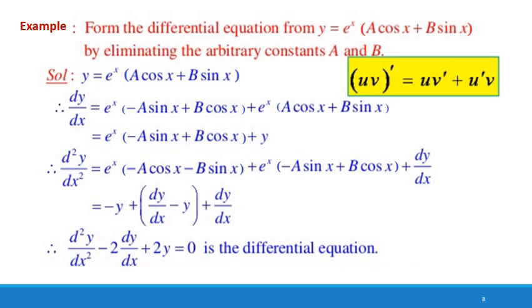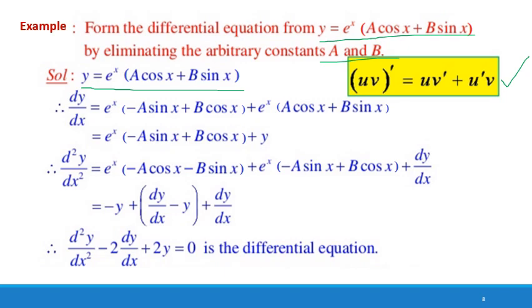In this example, we will form the differential equation from this equation by eliminating the arbitrary constants a and b. So before starting the solution of this example, you should know about the product rule, which you have studied in your calculus class. So the given equation is this: y is equal to e^x into (a cos x plus b sin x).